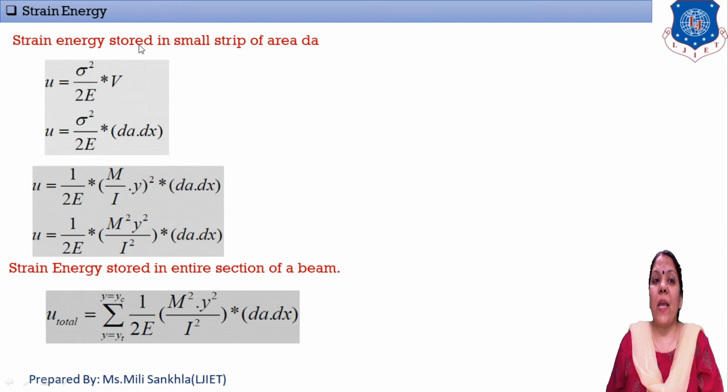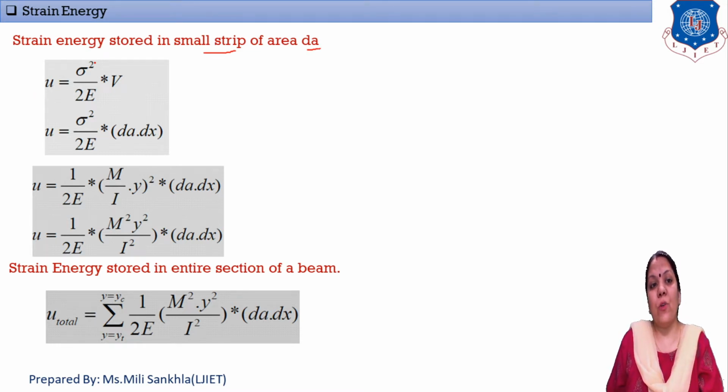Now the strain energy stored in a small strip, because we can't find the overall beam directly. First we find strain energy for the small strip, then we find it for the overall beam. The area of this small strip is dA. Now what is the equation of strain energy?